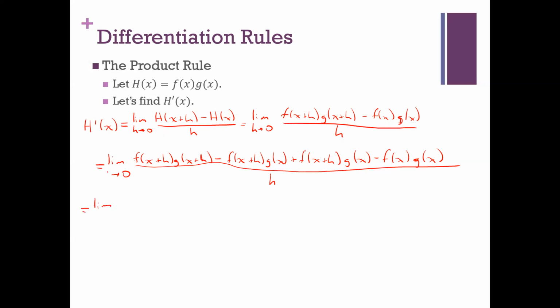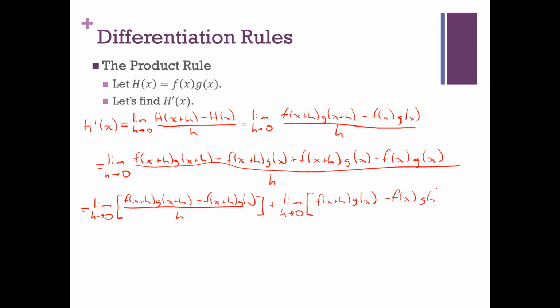The limit as H approaches zero of F of X plus H, G of X plus H, minus F of X plus H, G of X, all over H. And then the rest of it is going to be F of X plus H, G of X, minus F of X, G of X, over H. So I haven't made any substantial changes.